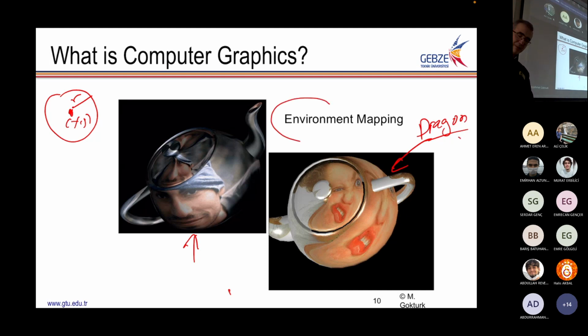That is called environment mapping. Similar to texture mapping, it maps an image on an object as if the image is surrounding the model. So the teapot doesn't exist, but I create an image as if I am on the other side.